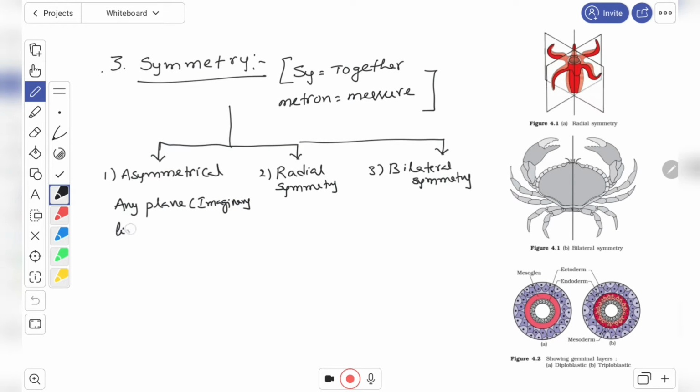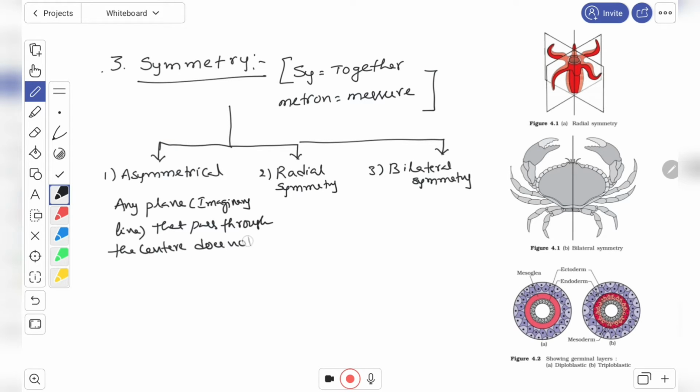The imaginary line, that passes through the center, does not divide it into two equal halves.